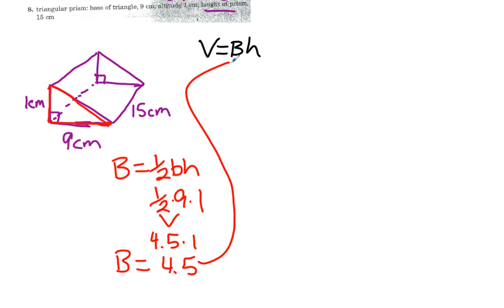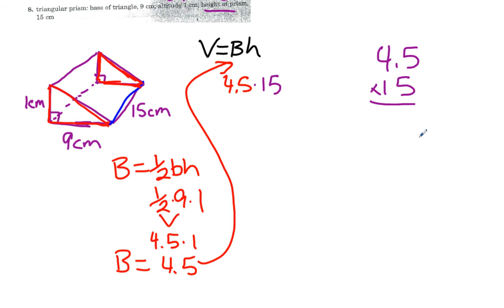So that goes into our formula. 4.5 times the height. The height of our prism, distance from one base to the other. I really should label both my bases. Okay. So 4.5 times 15. Just one last bit of calculating and then we'll be done here.